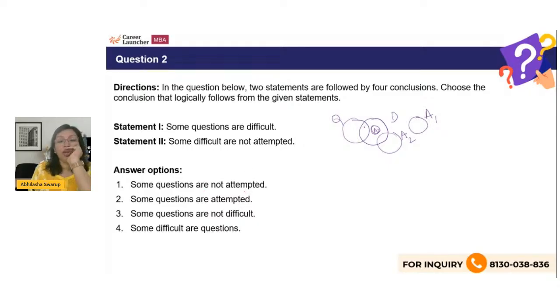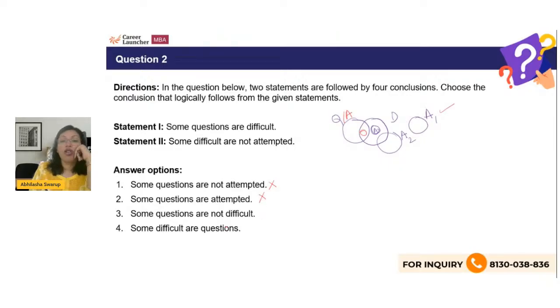Now the problem here is that I could have placed A here also, or I could have placed A here also, overlapped it. So therefore A is invalid. Some questions are attempted? I don't know. In this case, none of them are.